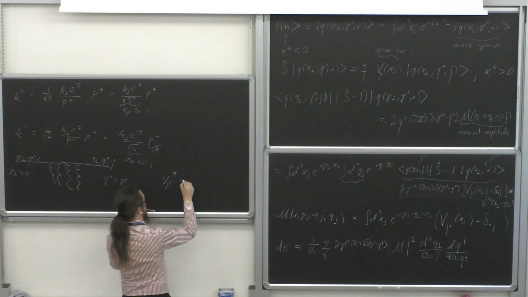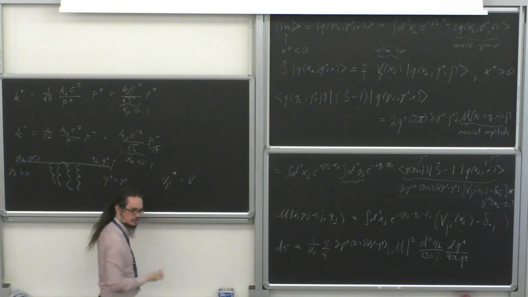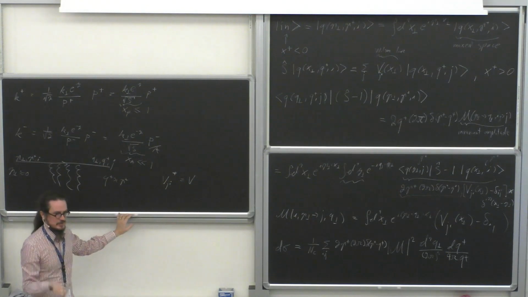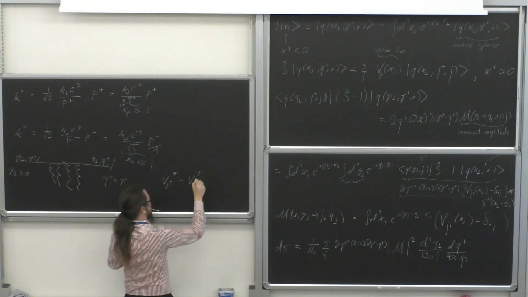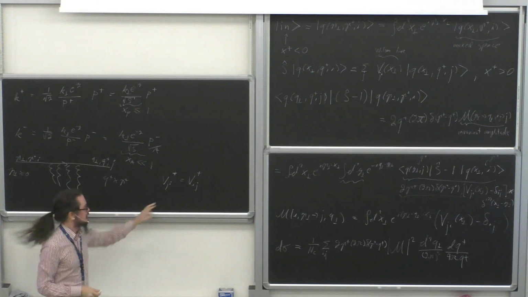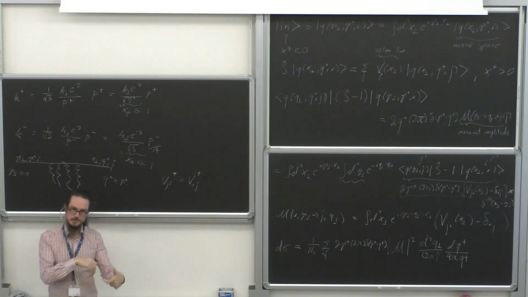I can equally well say that the complex conjugate is the transpose of the Hermitian conjugate. So I can write this as V dagger_ij, right?